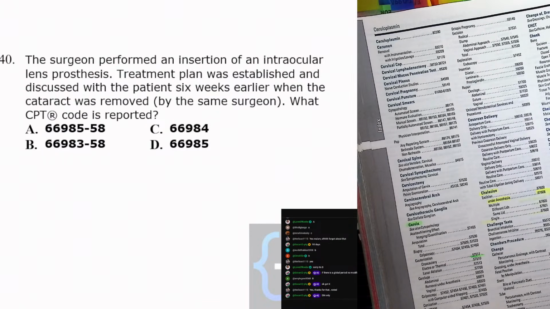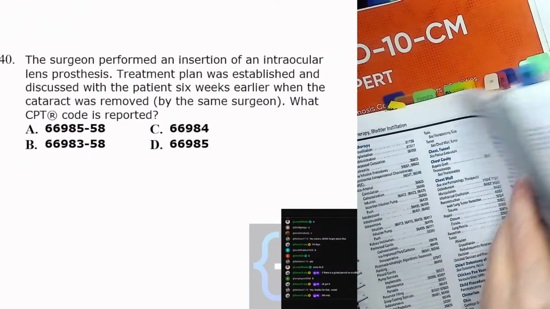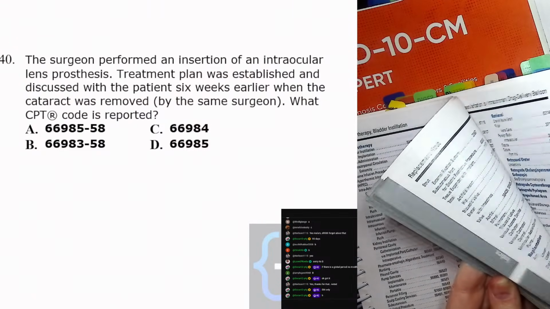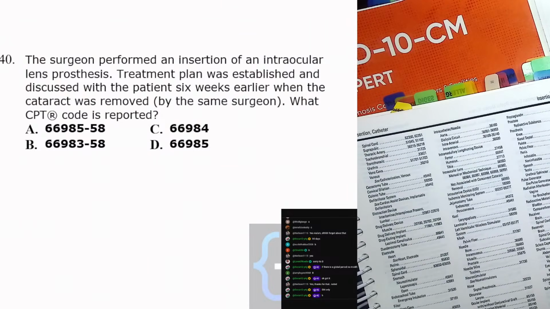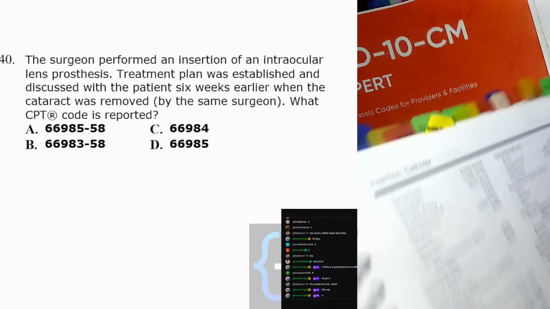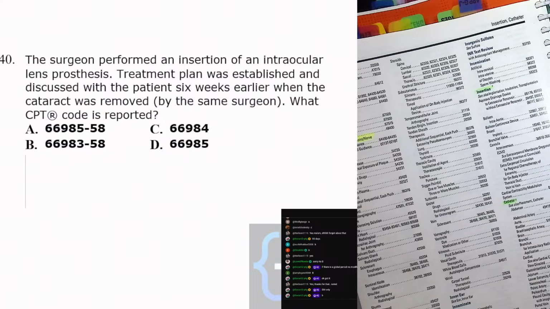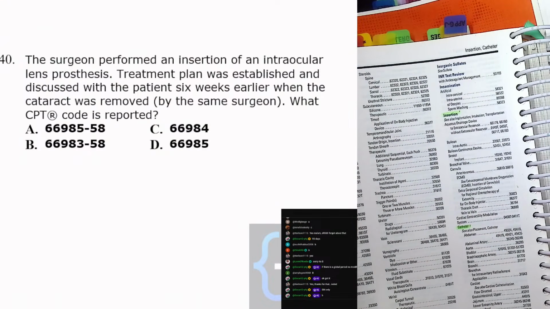If we utilize our alphabetical index in the back of the book, we can just go to the word insertion, right? Because today we're inserting a prosthetic lens. So I'm on page 1214 and I'm at the word insertion. What did we insert?